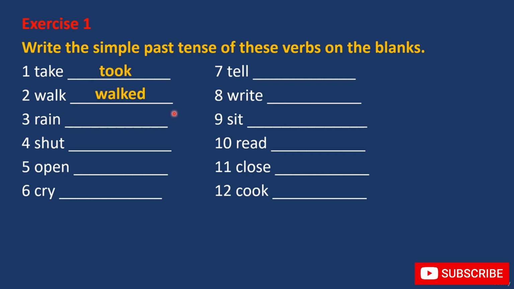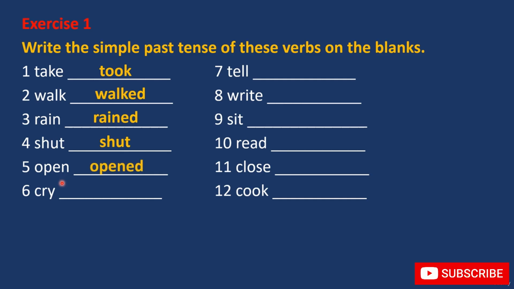About number 3, rain, present, what is the past? Rained. Excellent. Shut. Will it be the same or do we add ed? Is it regular or irregular? Excellent. The same. Shut, because this is an irregular verb. Open.